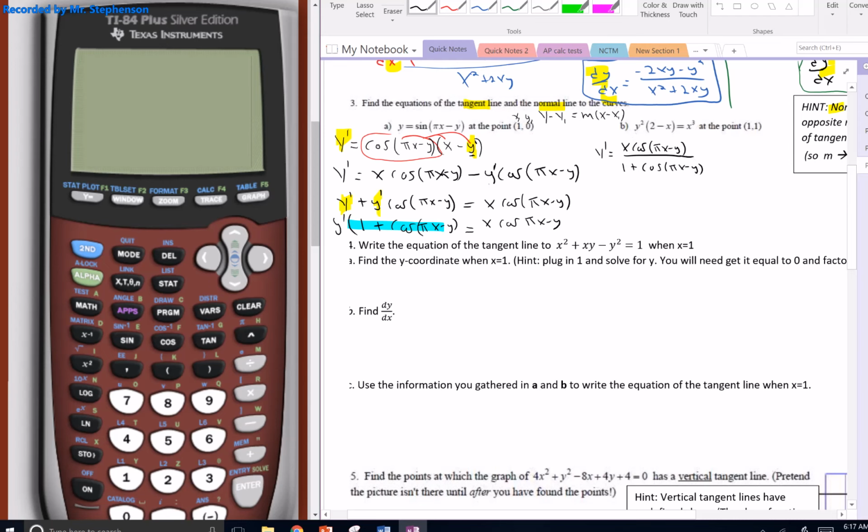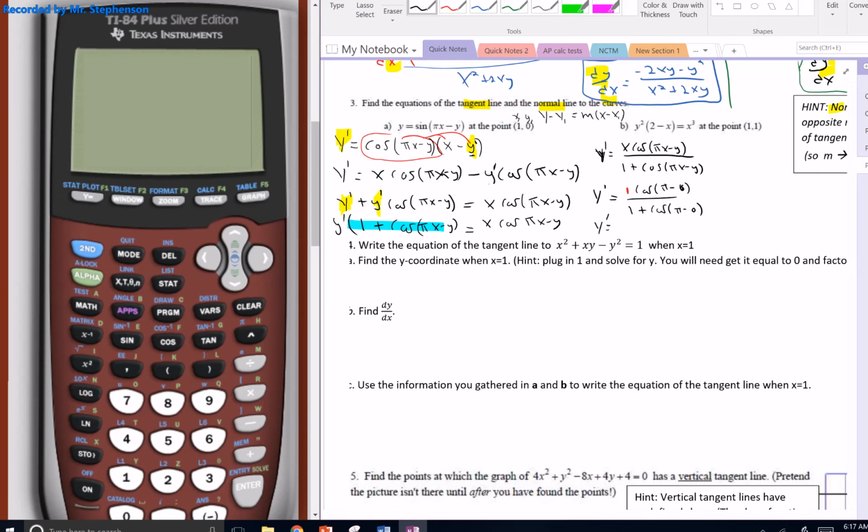It gives us that. And we want to know what's the derivative at the point (1, 0), right? So we're going to plug in (1, 0). Everywhere I see an x, I plug in a 1, like that. And everywhere I see a y, I plug in a 0.